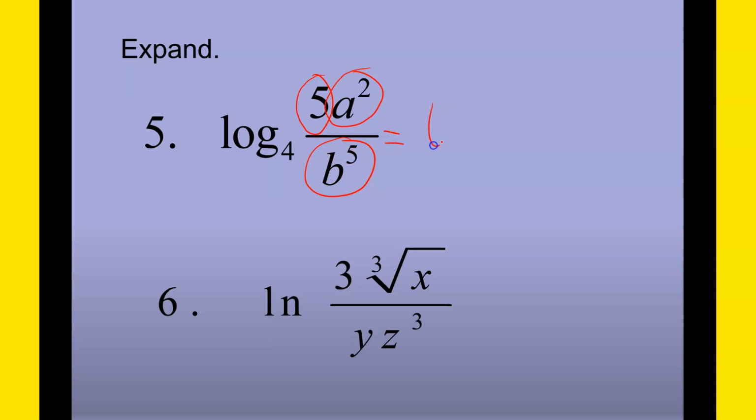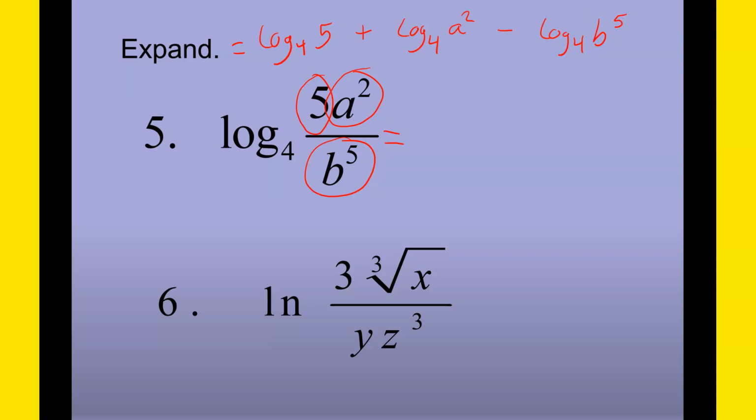So this is going to be log base 4 of 5. I don't think I'm going to have enough room here. Let me do it up here. It's going to be log base 4 of 5 plus log base 4 of a squared minus log base 4 of b to the 5th.